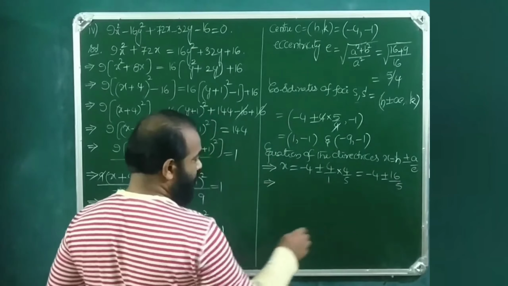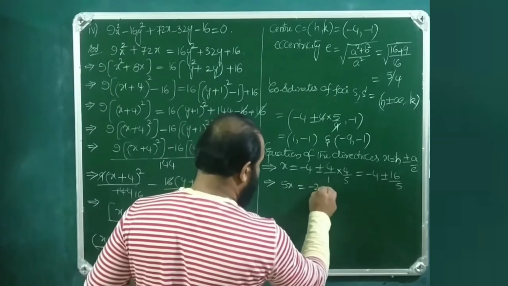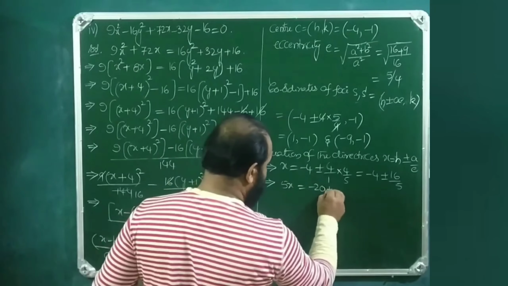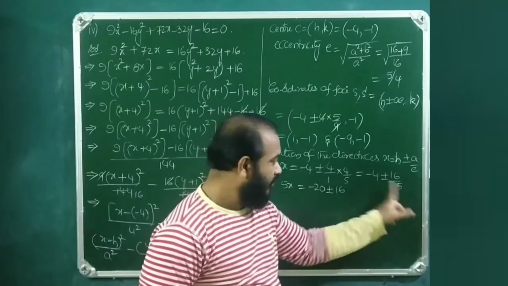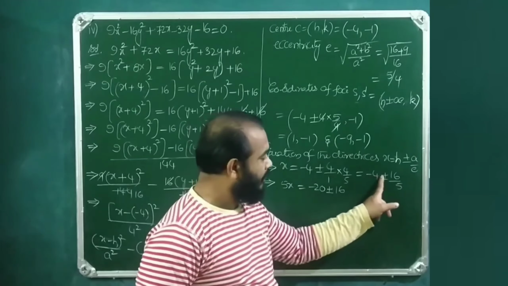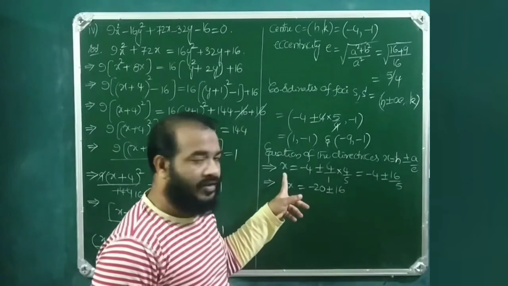I have taken the LCM, 5 is the LCM: 5x is equal to 5 into minus 4, minus 20 plus or minus 16. You cross multiply.